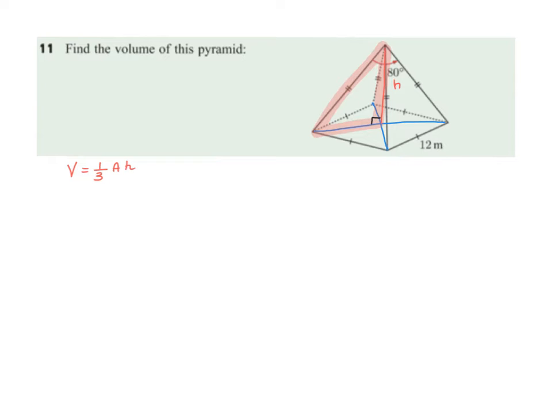Okay, so somehow we need to be able to figure out the height of this triangle. Well, we're going to be able to do that using trig. And you might be wondering, okay, well, even if we find this side, which I'll call x, I don't have enough information. Well, that's where the 80 degrees comes into play. Because what we really have is this triangle.